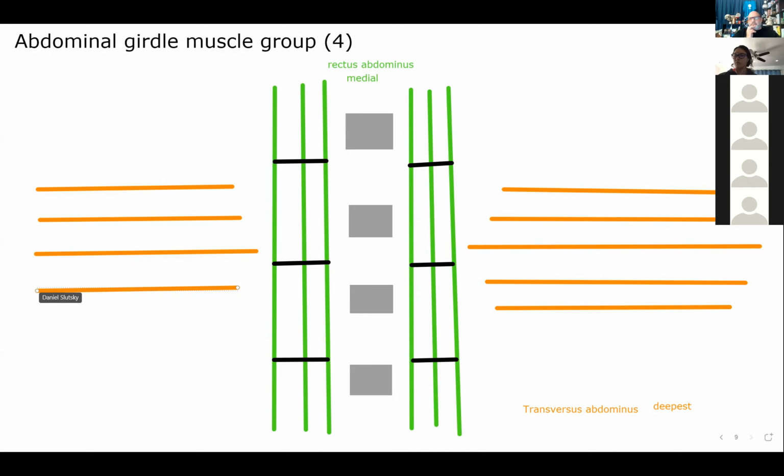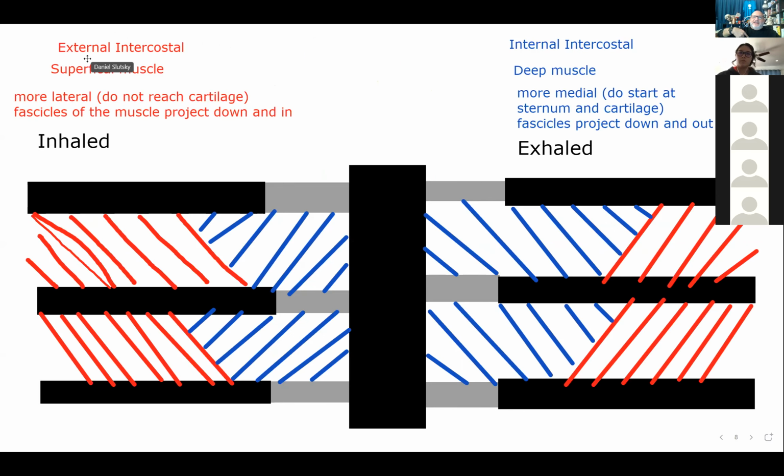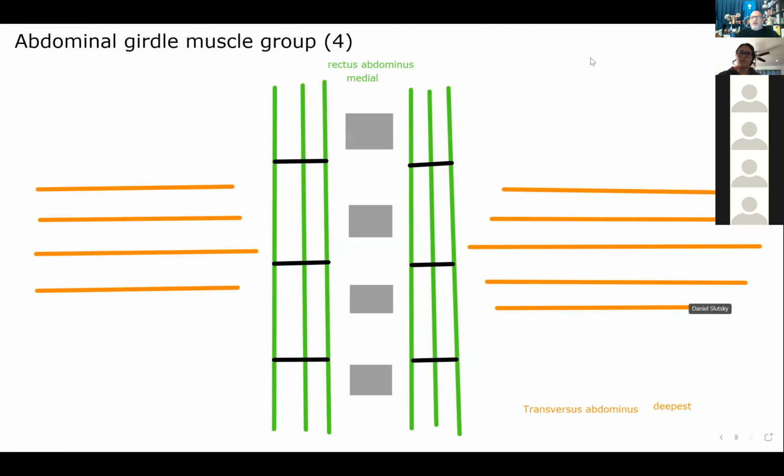All right. Questions on that? Now, remember up here in the ribs, we had an external intercostal and an internal intercostal. What are the two remaining muscles that we have? Internal and external obliques. Excellent.